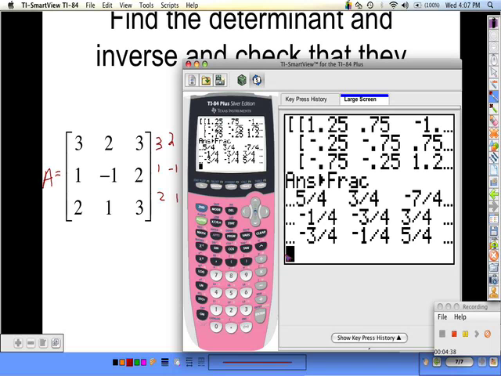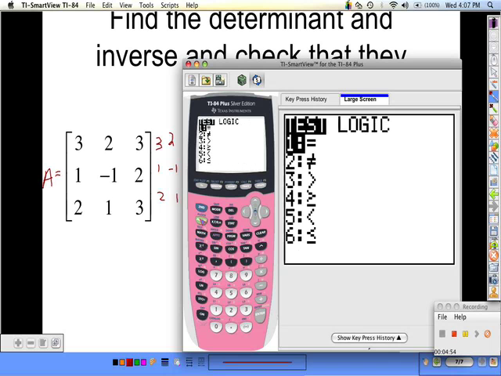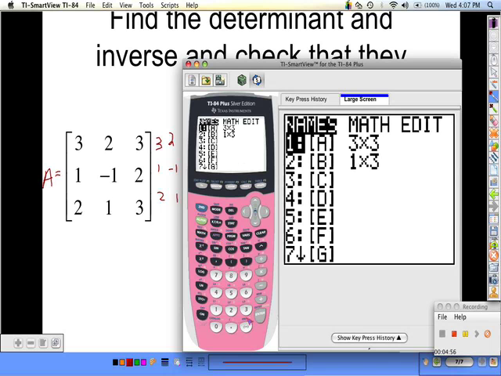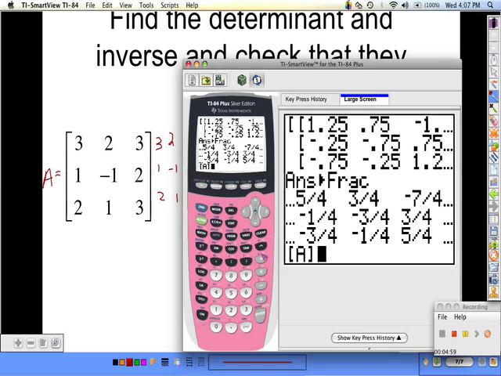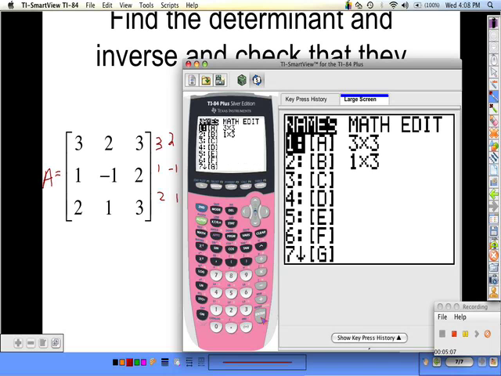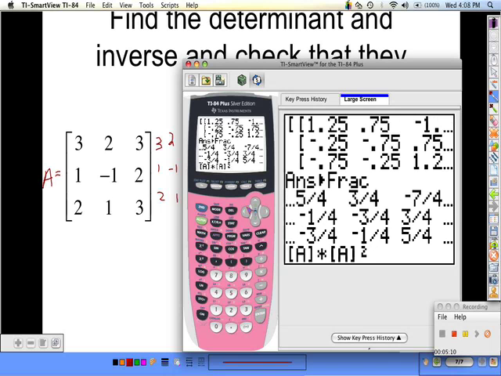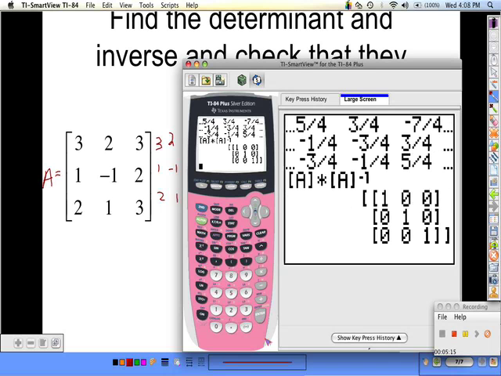To check to see if this is indeed my inverse, I need to show that this multiplies with the original one to give me the identity both directions. So I'm going to do matrix A times matrix A inverse, and if these two things are indeed inverses, I better get the identity, which I did.